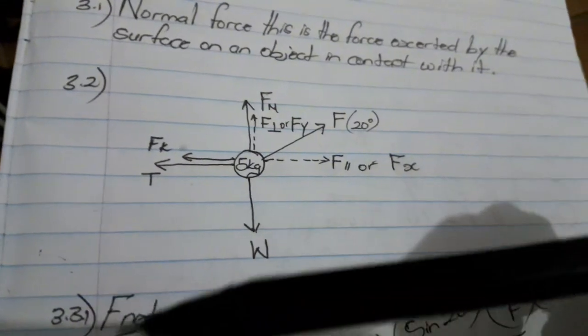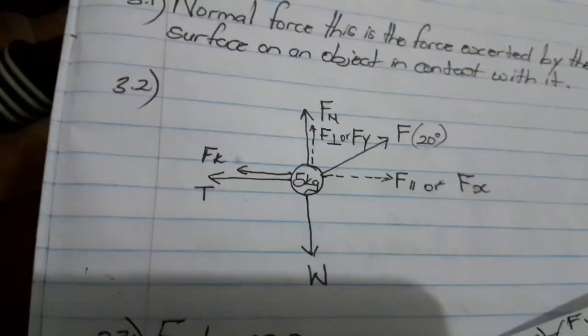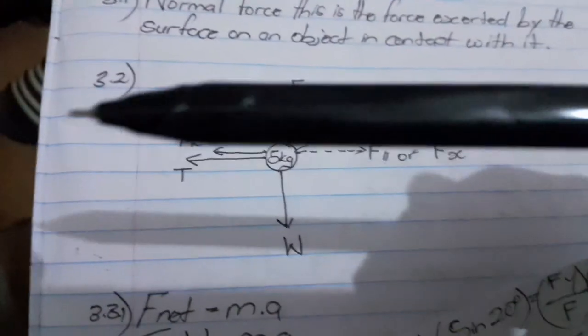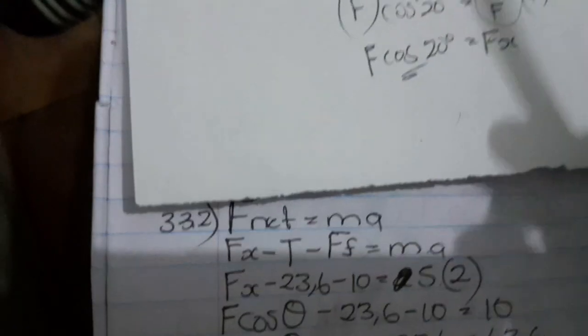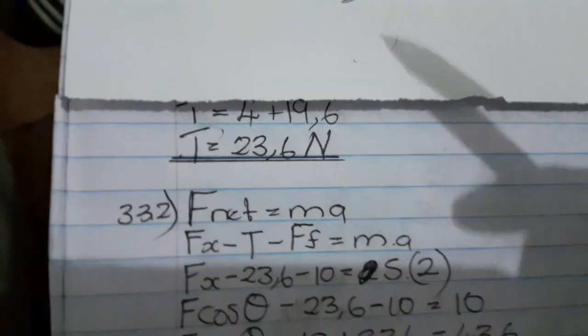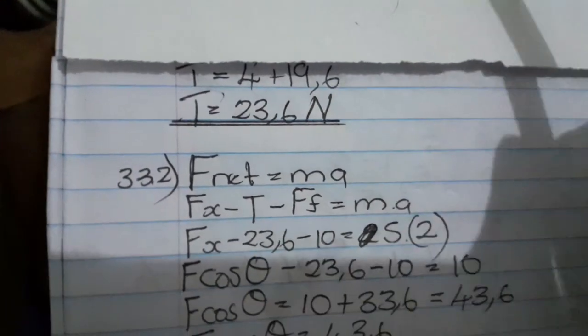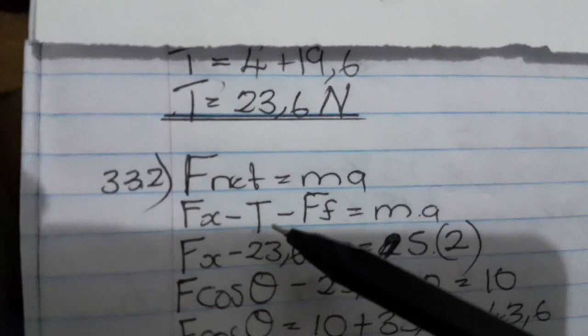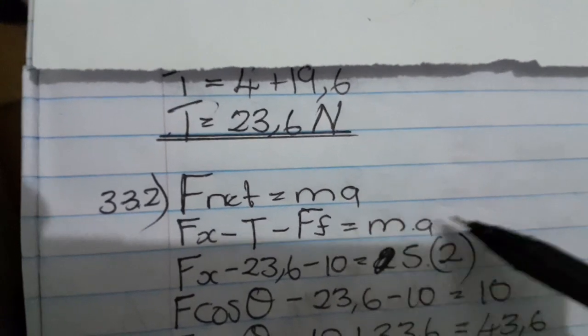Tension and also friction. Friction is always opposing the force applied. Friction goes in the other direction. So friction and tension will be subtracted from our Fx, because Fx is the only one going in that direction. So it's Fx minus tension minus Ff is equal to Ma.